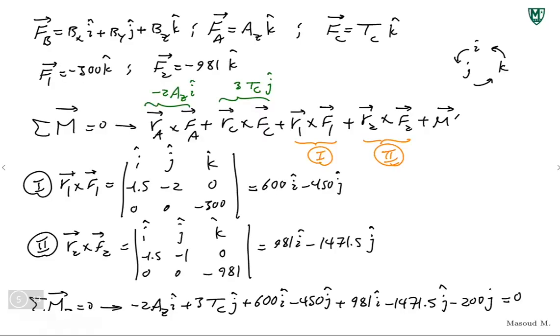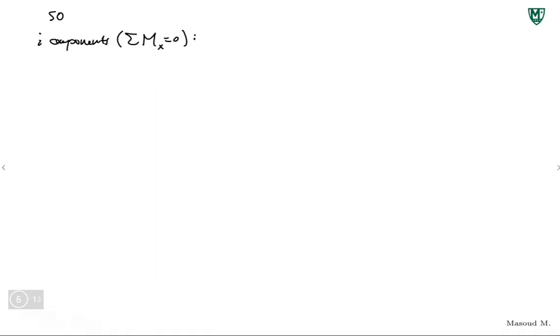Minus 2AZ and 600 and 981, and these are the I components. So I can just write it directly here. AZ becomes equal to, if those two go to the other side, 981 plus 600 divided by 2. That'll give you 790.5 Newtons. This is AZ.